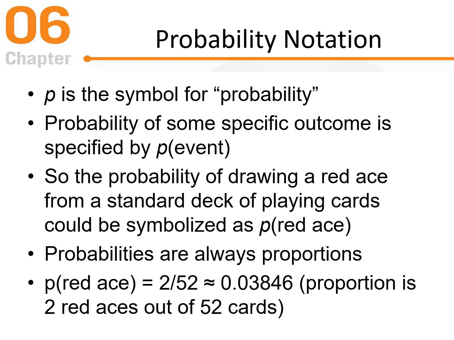There are two red aces, the ace of diamonds and the ace of hearts, and there are 52 cards in the deck, so it's 2 over 52, which is 0.03846. That's your probability of getting a red ace in one draw from a standard 52-card playing deck.